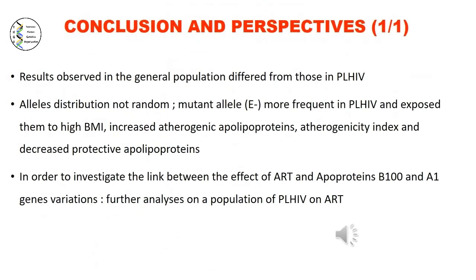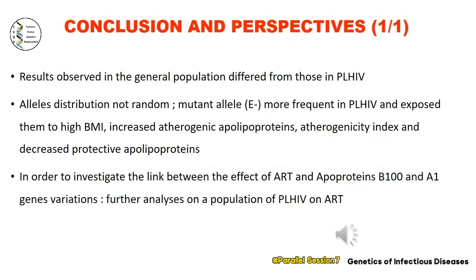In conclusion, the results observed in the general population differed from those in the persons living with HIV group. The distribution of alleles was not random, and the mutant allele was more frequent in persons living with HIV. This exposed them to increased body mass index, atherogenic apolipoproteins, and heterogeneity index, and also exposed them to decreased protective apolipoproteins.